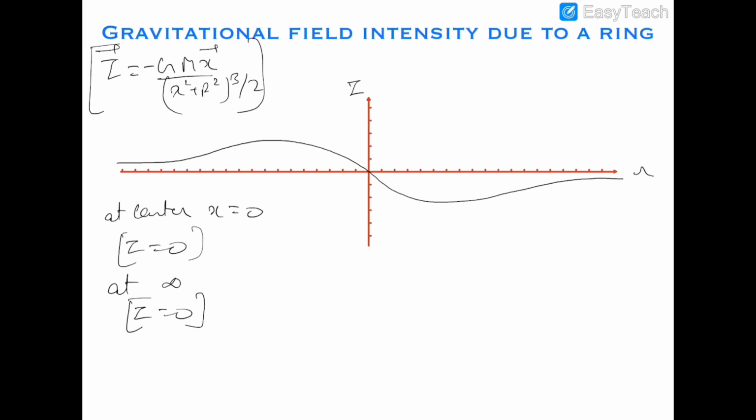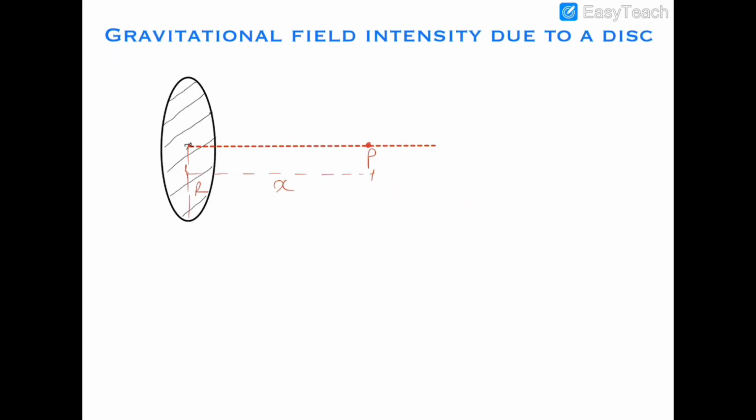Now if we plot this graph, then for positive x-axis, this graph would be plotted in the fourth quadrant, and on negative x-axis it would be plotted in the second quadrant, because in this case I is negative, or I can say that the direction of gravitational field intensity is in this direction, backward direction.